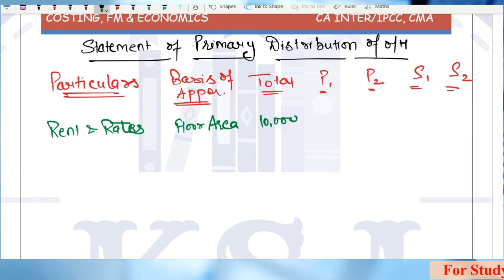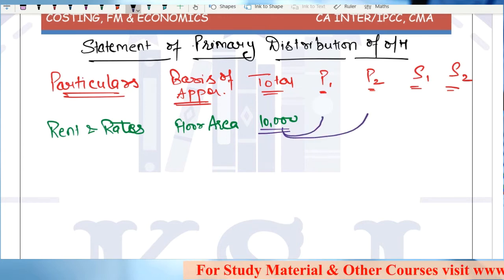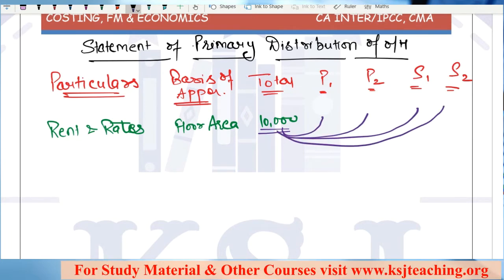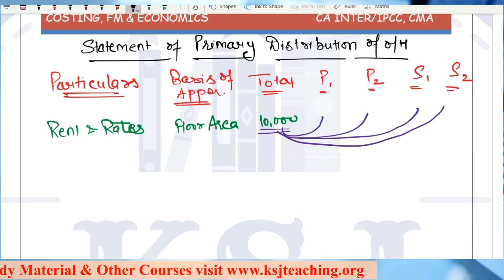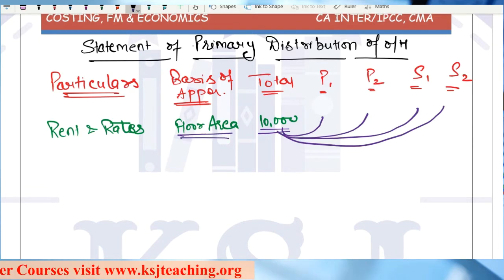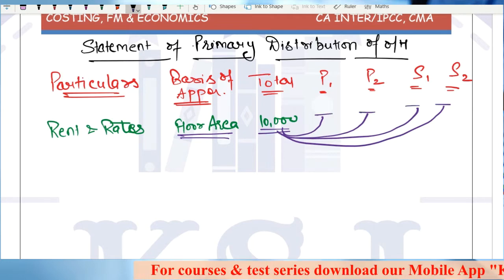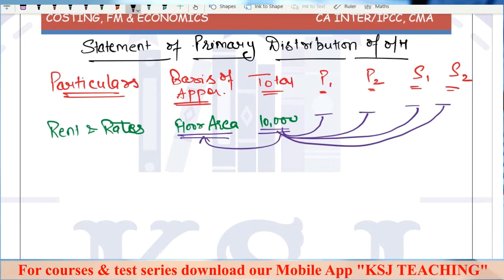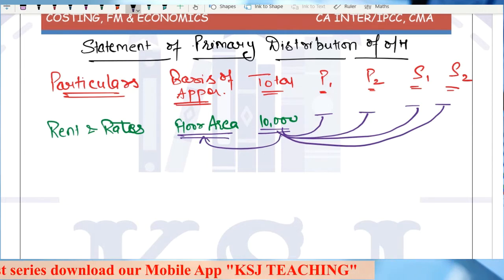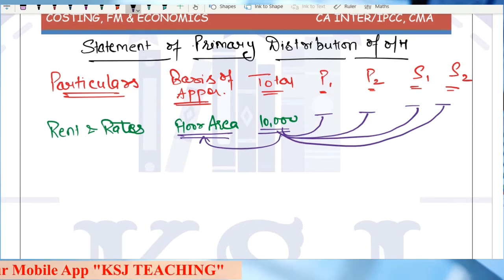You have to distribute this 10,000 between P1, P2, S1 and S2 on the basis of floor area. This is the clear interpretation. Now, the steps that we have written, what are the steps?